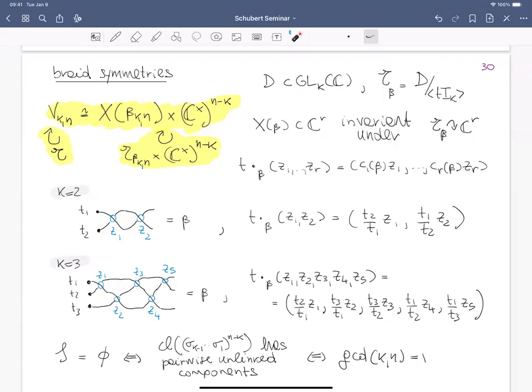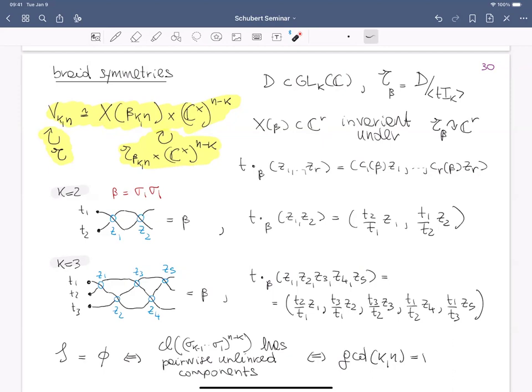So imagine your braid to be, for example, sigma 1, sigma 1. So that's 2 times the first Artin generator. So you see the picture here. Then you label the strands T1 and T2, and then you label the crossings Z1 and Z2.